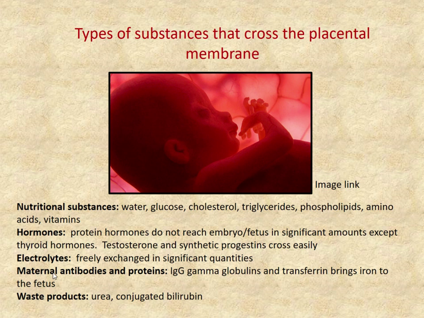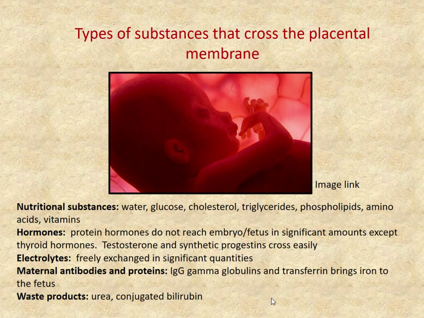Let's see, other things. Oh, maternal antibodies and proteins, so you get a little bit of immunity that is going to come from the mom, because the fetus really doesn't have an active or working immune system at birth, but there is some immunity that is actually handed over from mom to the fetus, luckily.